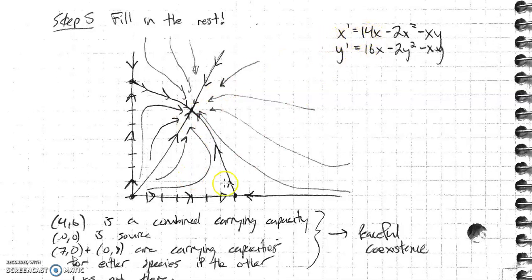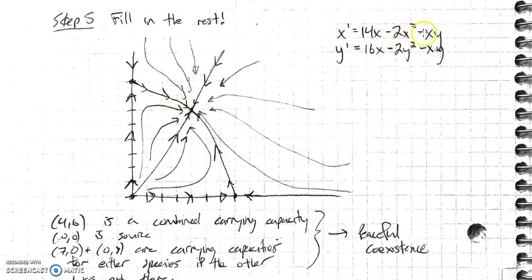Well, that's going to change some things. It's going to slide this guy out a little bit. Is it going to pull this guy out a little bit? Is it going to flip that from sink to maybe a saddle? So there's all kinds of things that can happen if I manipulate these things a little bit.